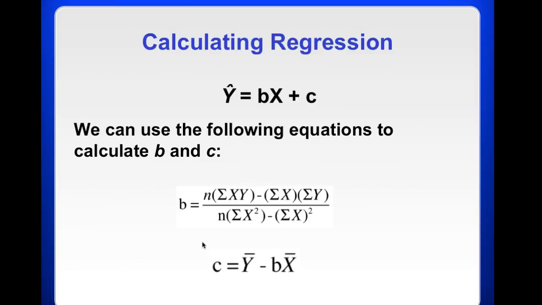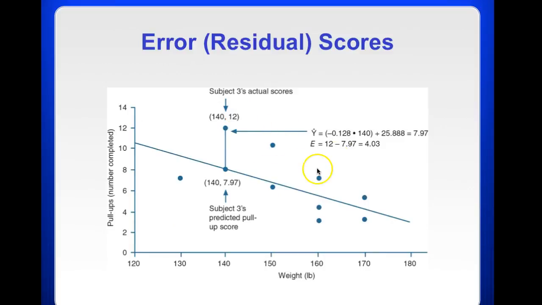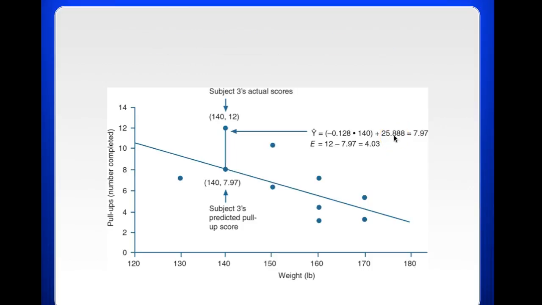So let me skip forward here. He calculated B and C, which is this figure here, negative 0.128 and also 25.88.